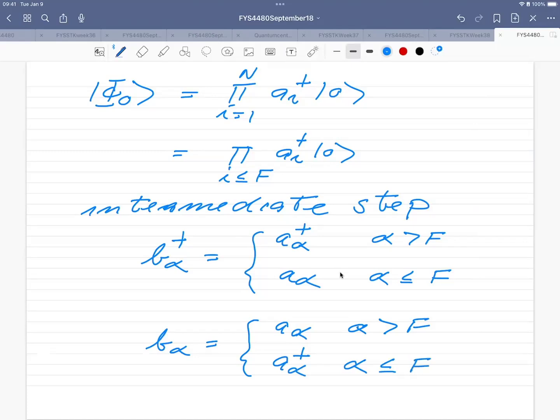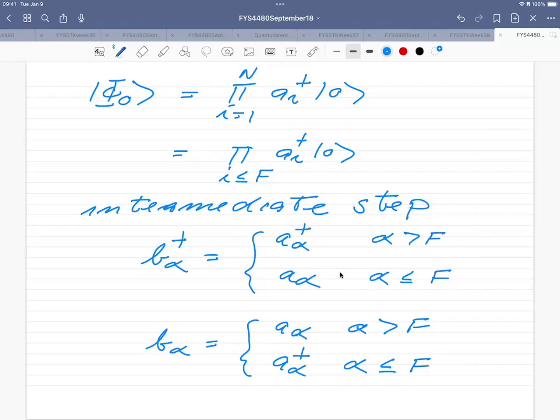Now, the reason for doing this is that we want to act on a specific state with these new operators. And the idea is that these new operators are going to redefine slightly the way we define the action on a new vacuum state.